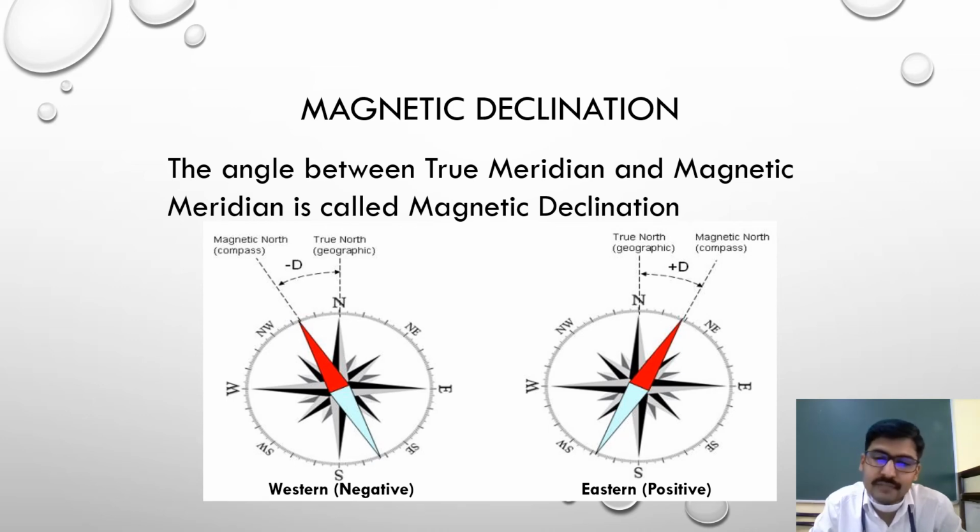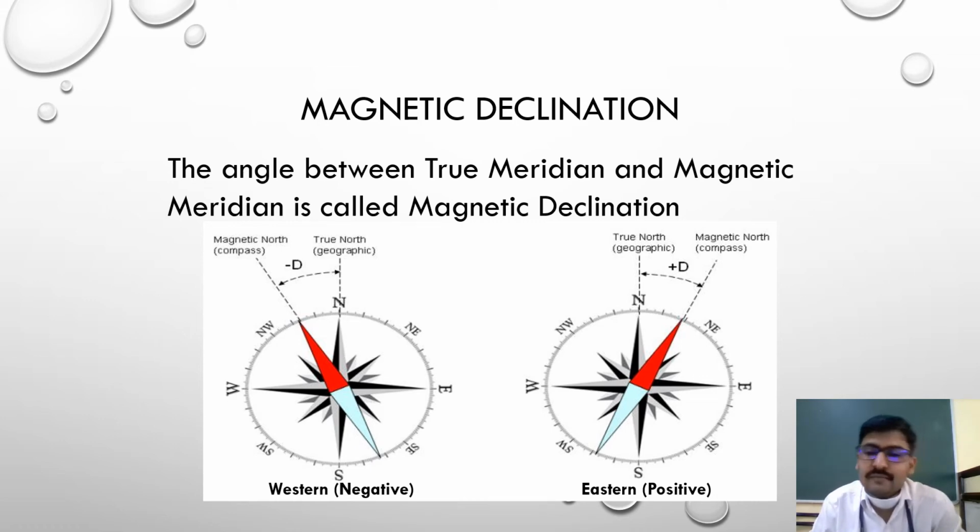It rarely happens. True north and true south are fixed points on the earth's surface, whereas magnetic north and magnetic south are not fixed because the magnetic property of the earth keeps on changing. As the tectonic rocks move inside the earth, the magnetic properties of the earth change.